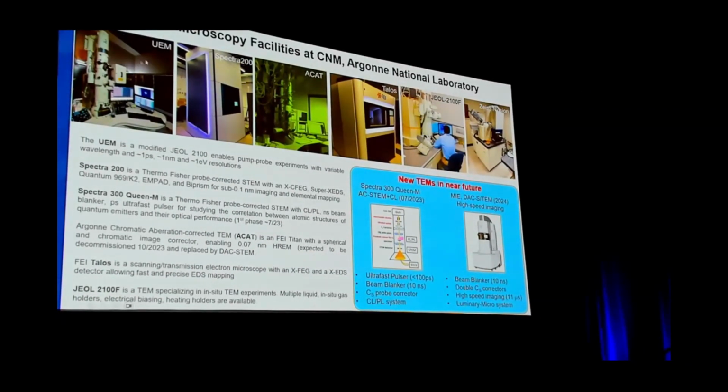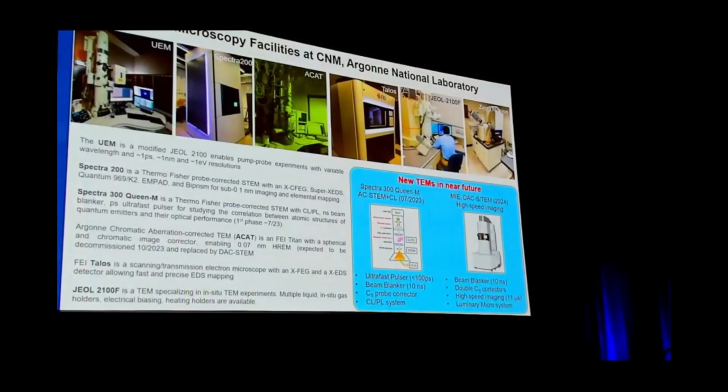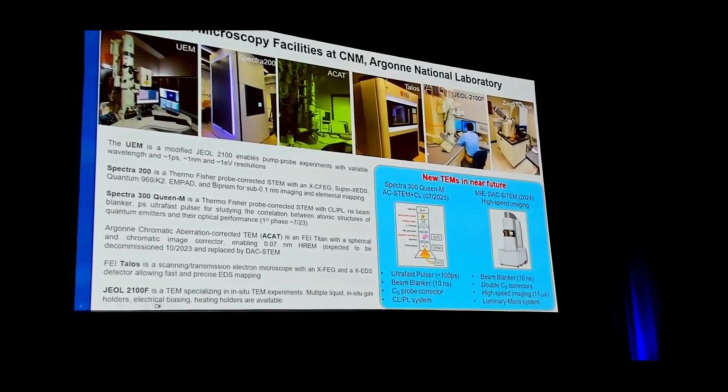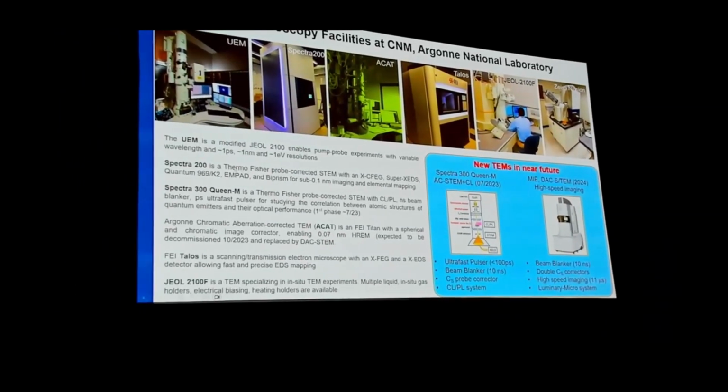The UEM is the instrument I've been talking about that was installed in 2019, and it's really difficult to operate with the laser coming into the microscope. We have a Spectra 200 that is a probe-corrected instrument that was very recently installed, but it does have these things here.